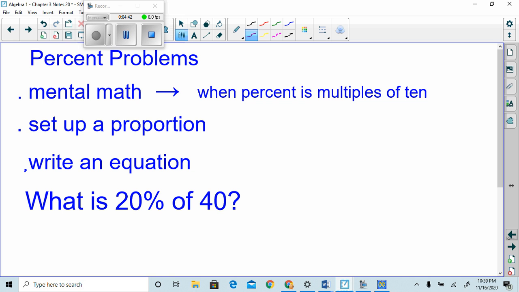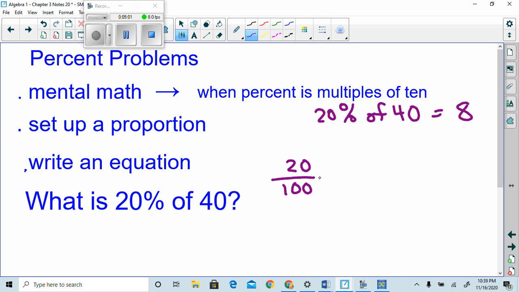Mental math says 20% of 40. Move your decimal over once. 4 times 2 is 8. What if we want to set up a proportion? It would be 20 to 100. We don't know the part.